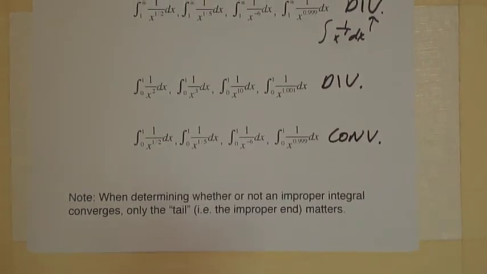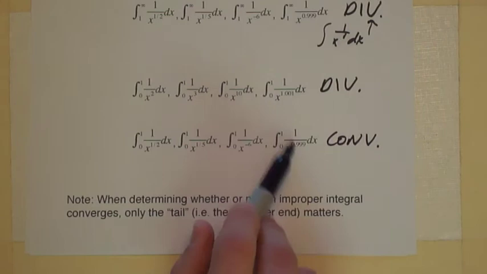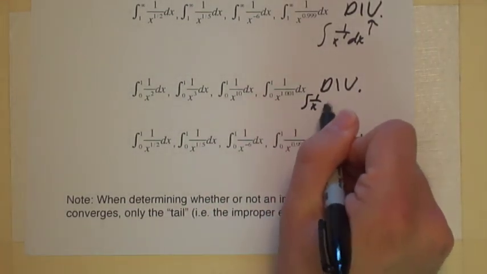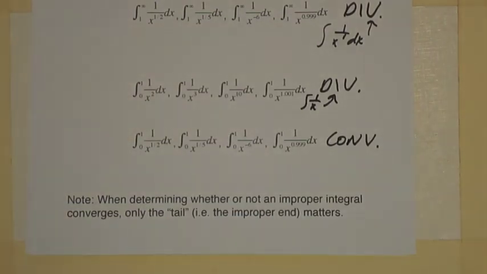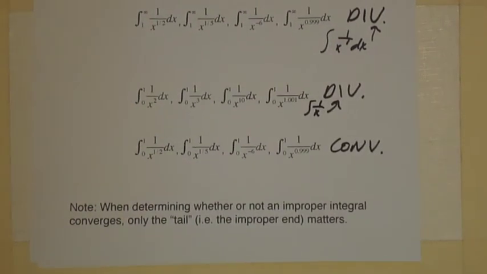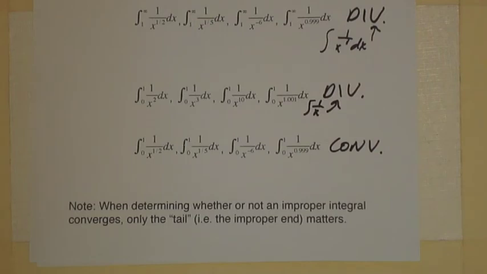And again, the 1 over x itself belongs on the diverge list. That's summarized in the table at the top of the page. But this is a really useful tip to know when you're guessing whether integrals converge or diverge.